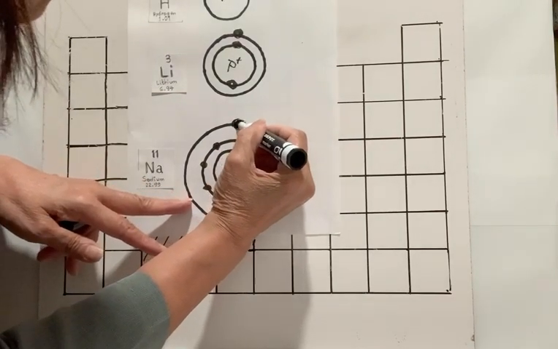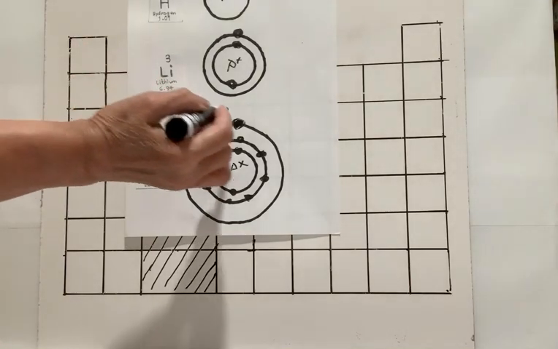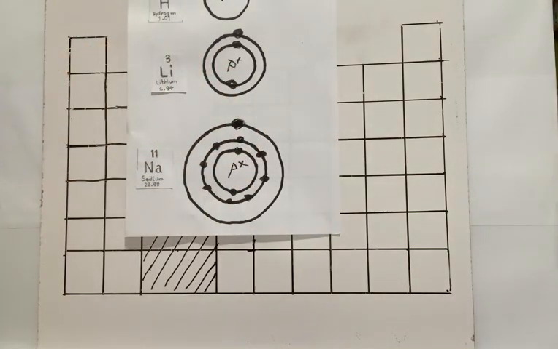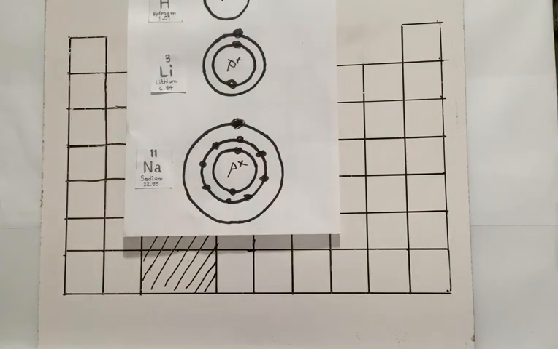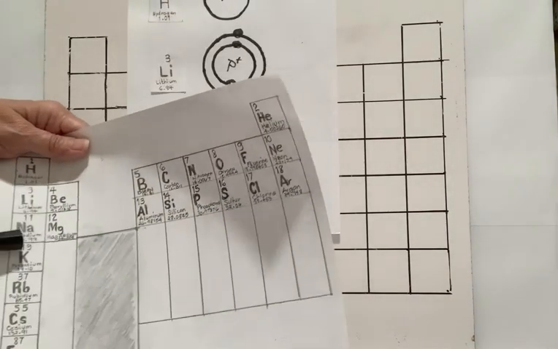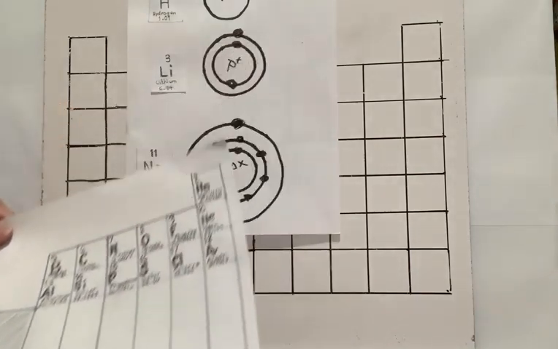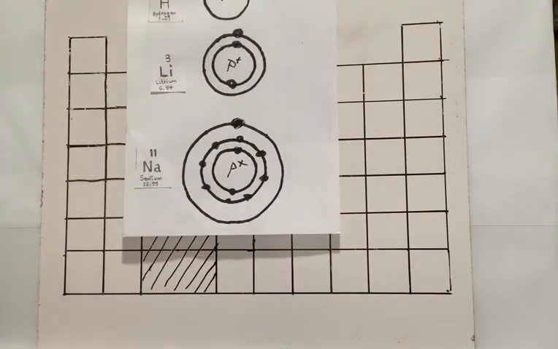So what do you notice? We notice that the group 1A, including the rest of the elements in group 1A, has 1 valence electron.